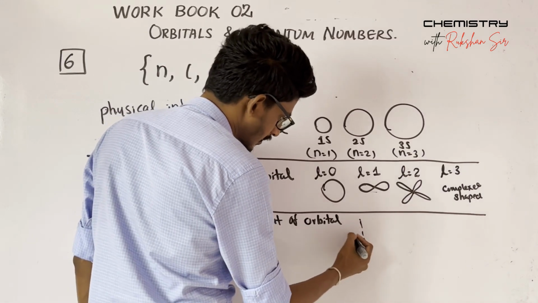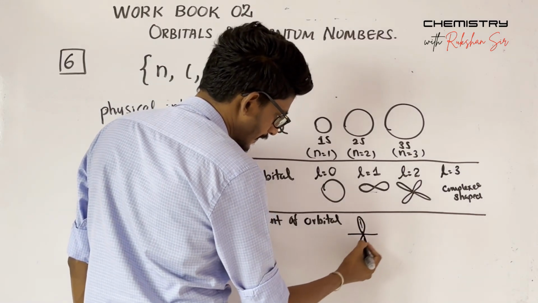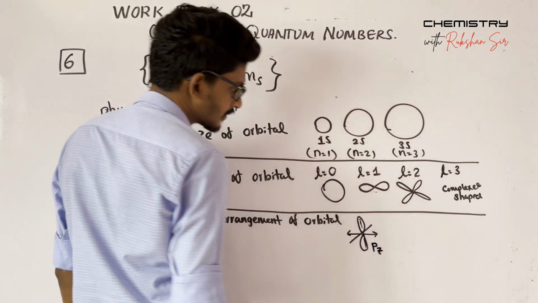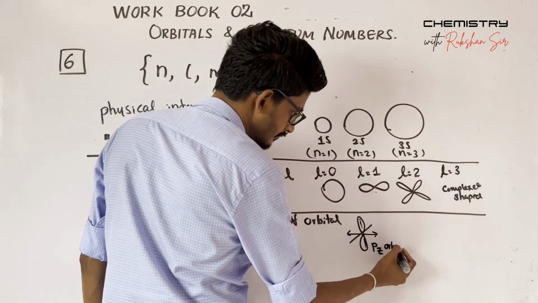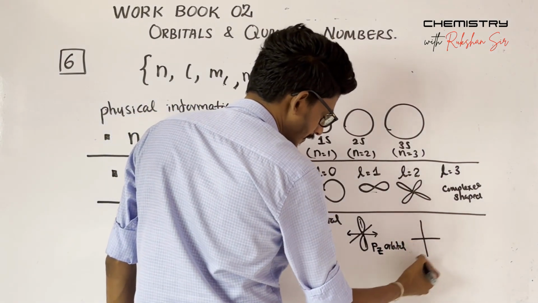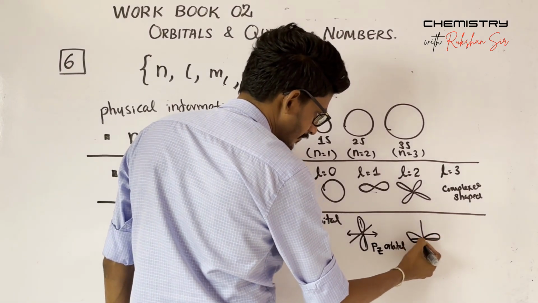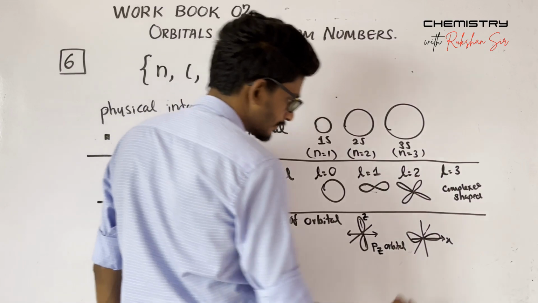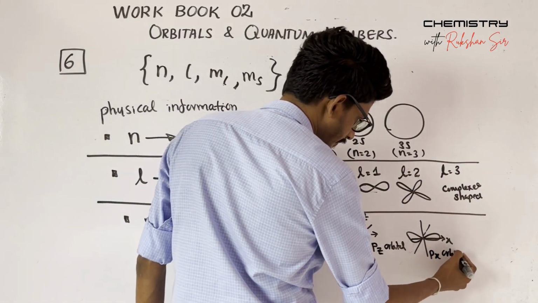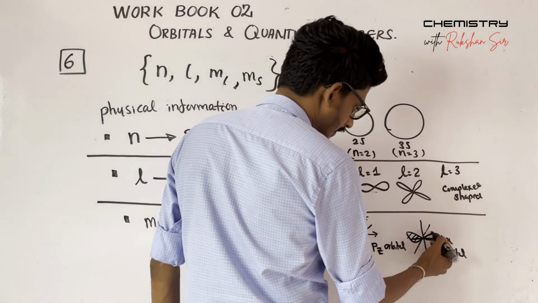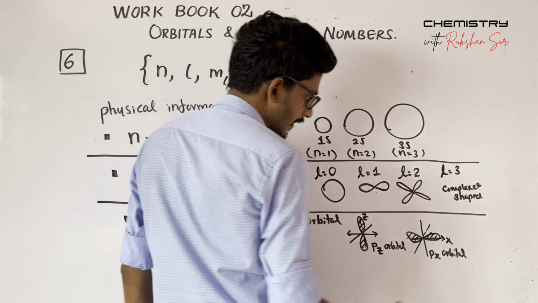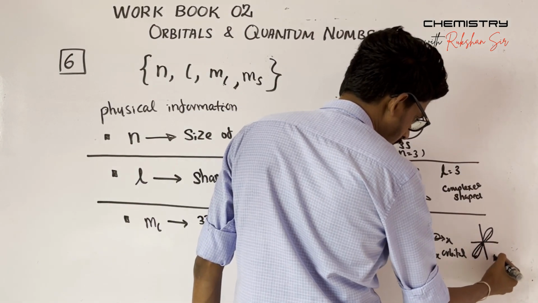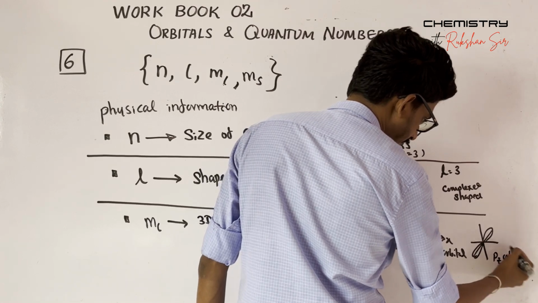So it's like this. This could be the p orbital available along the z axis, the pz orbital directionality. You can have the orbital along the x axis as well, the px orbital, and along the y axis, the py orbital.